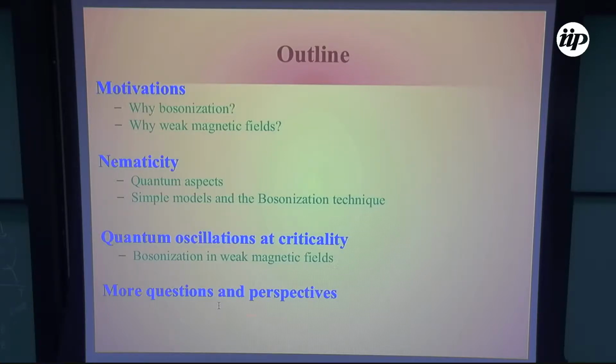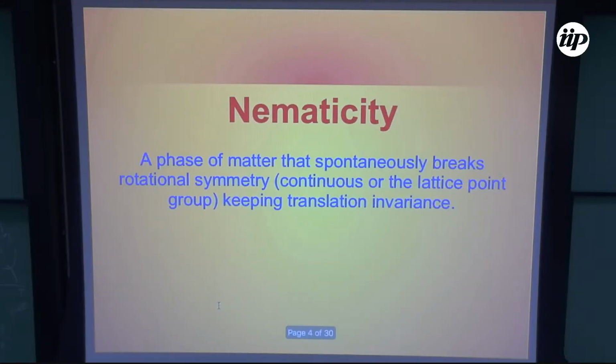These are essentially the motivations. I decided to focus my talk on questions and not on answers, just because I have no answers. So I prefer to ask questions. This is more interesting.